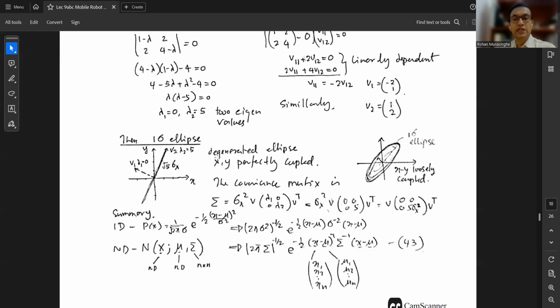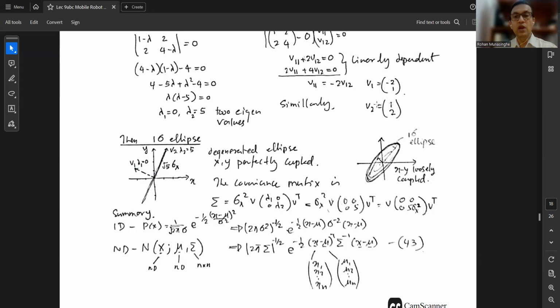You can see over here that V1, minus 2 and 1, is like this. But the size of the vector is 0 because the eigenvalue is 0. So you have a direction, but the vector size is 0.